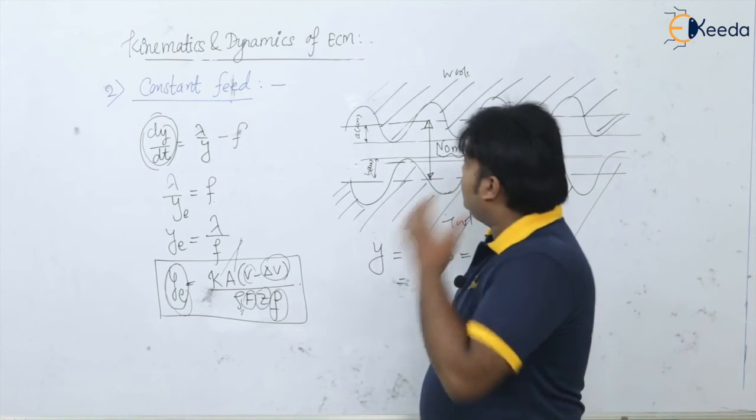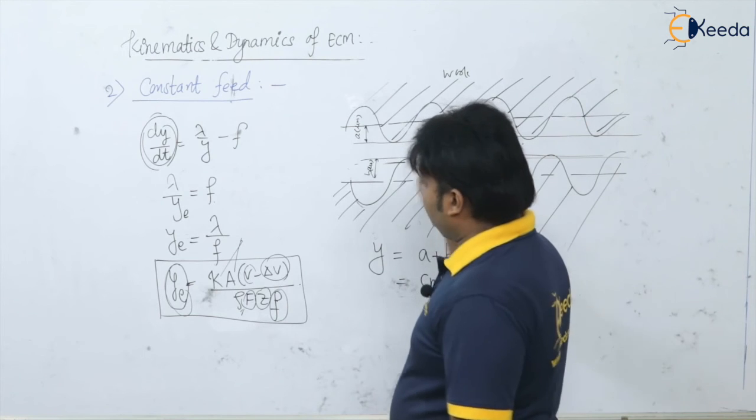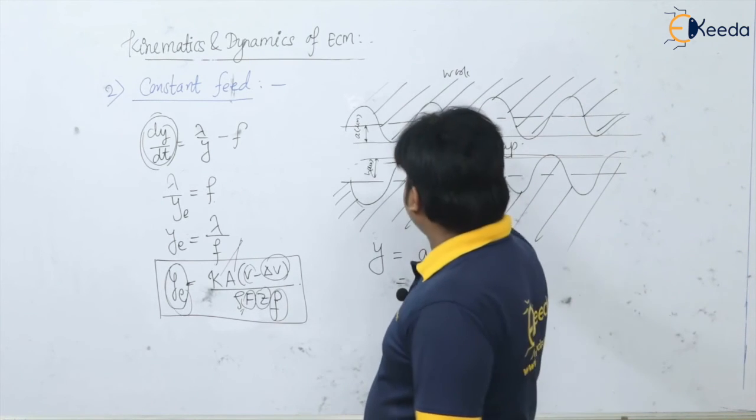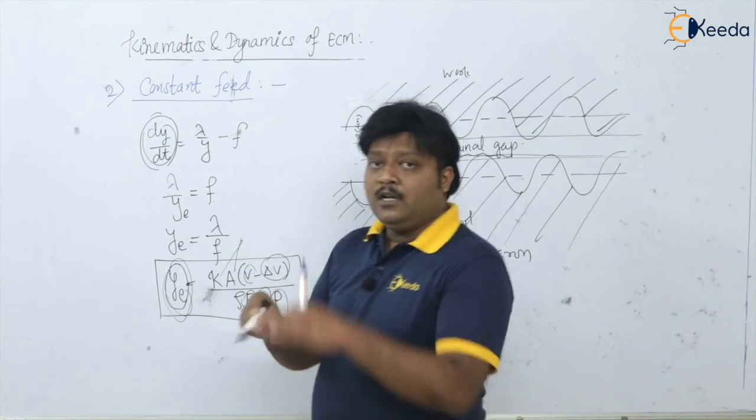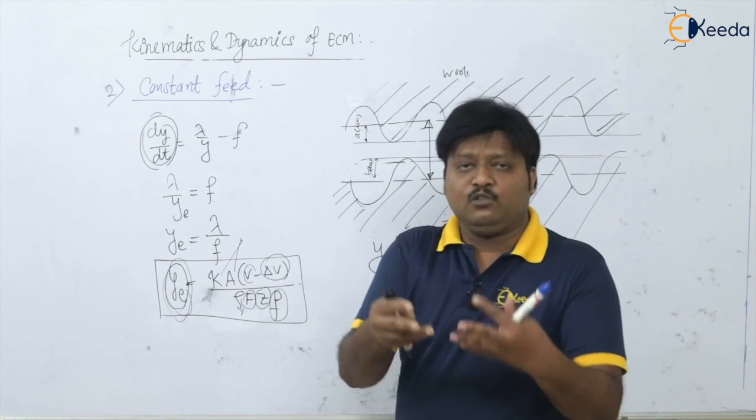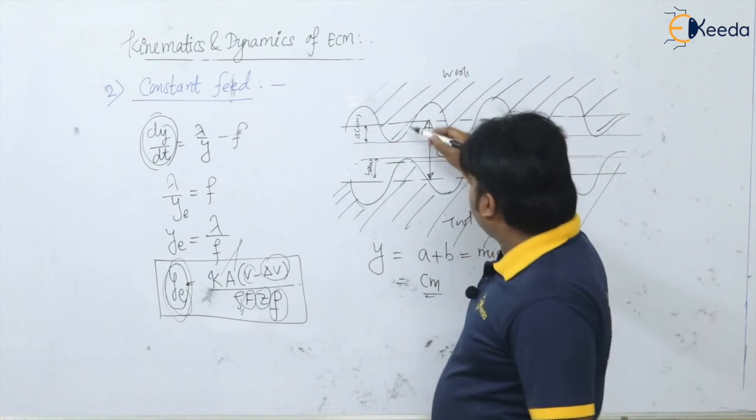So this nominal gap is nothing but the equilibrium gap between the electrode surfaces, which electrodes, tool and workpiece. So this is the nominal distance.